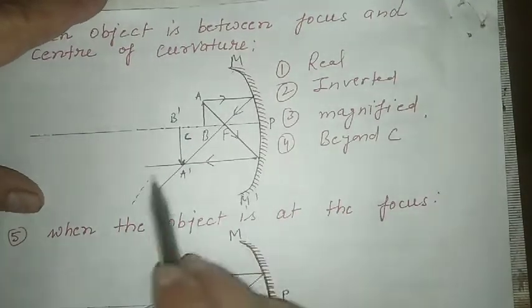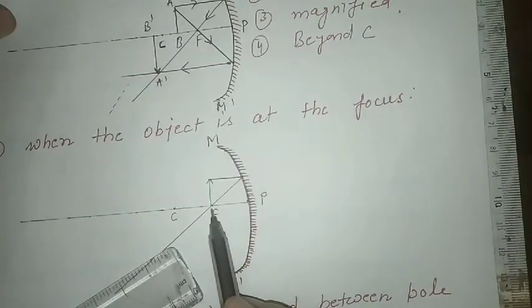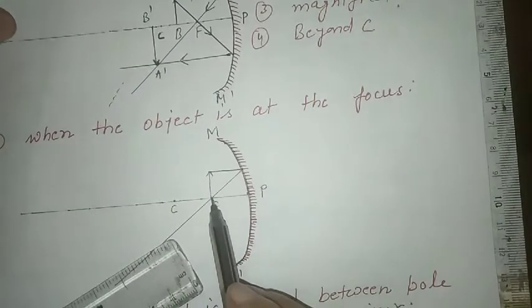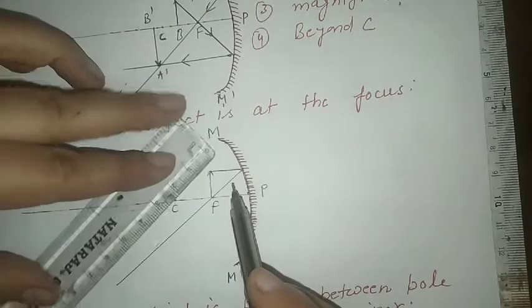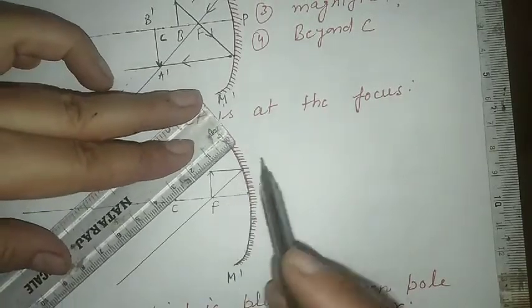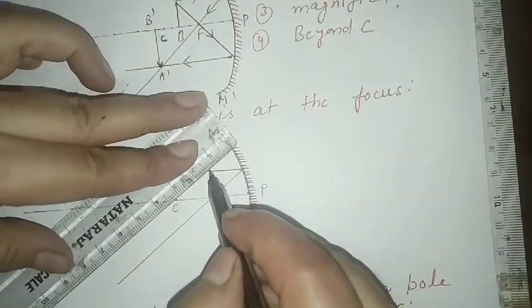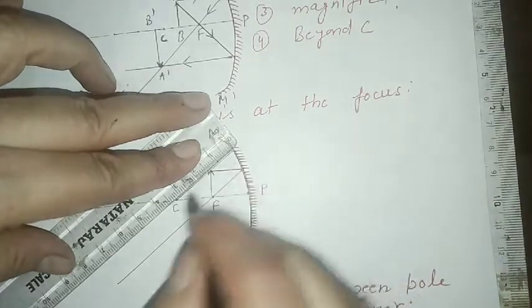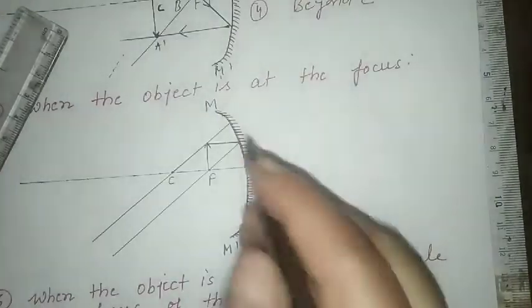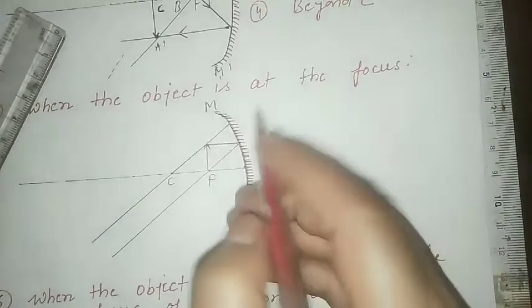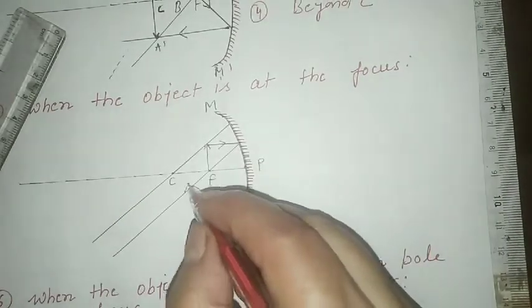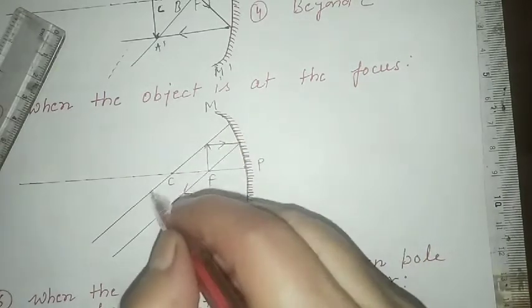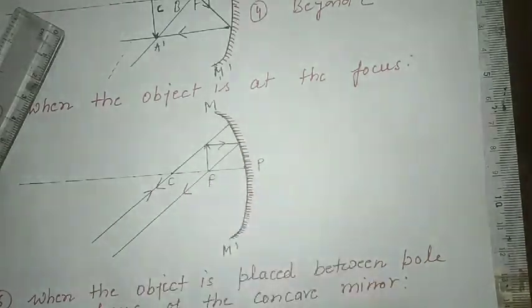Here the object is placed at infinity, so we have to take another ray which passes through the center of curvature. First we will join the head and the center of curvature, and then we will extend both sides. You can see the ray which is parallel to the principal axis, after reflection passes through the focus, and the ray which passes through the center of curvature takes the same path.